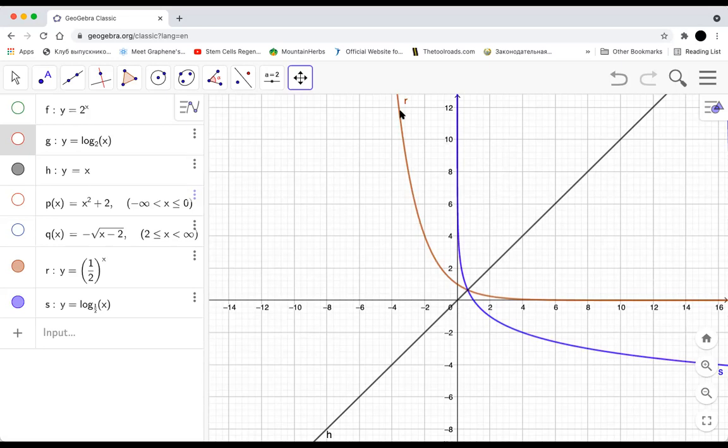This brown line is y equals 1/2 to the x. And the blue line is logarithm x base 1/2. You see, this is decreasing. They are both decreasing functions on their domains, and they're symmetrical. One is the mirror image of the other.